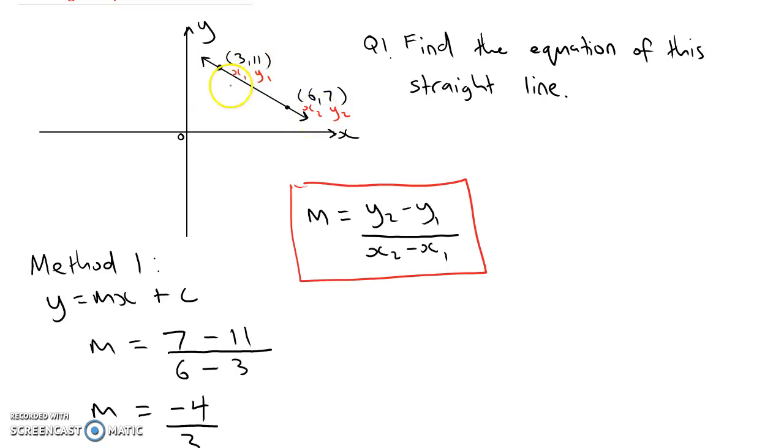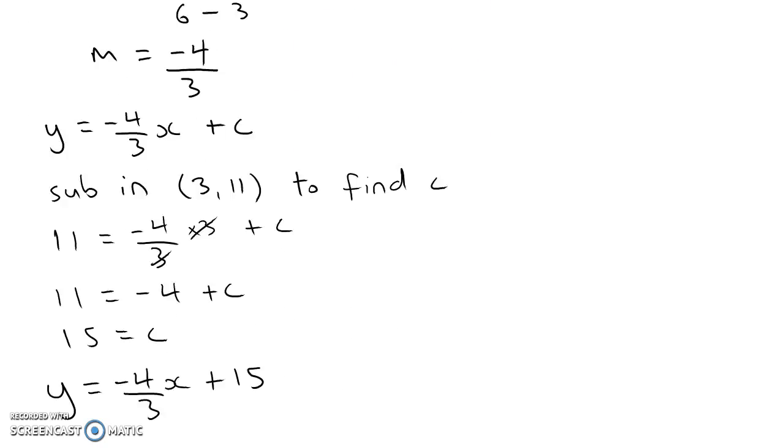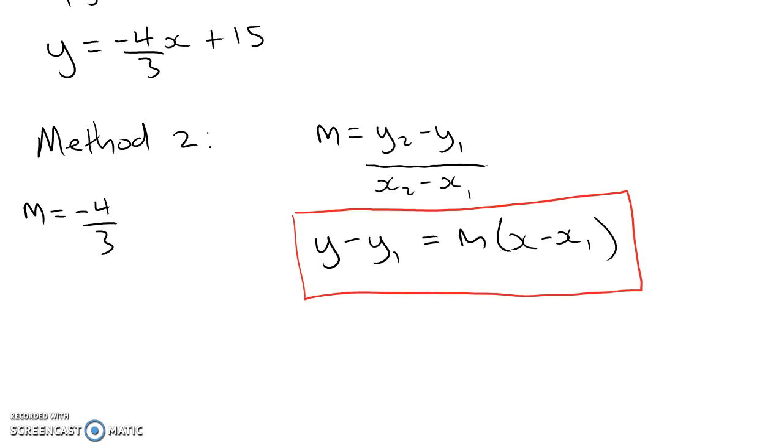Because I've labeled this coordinate here x1, y1, we'll use that coordinate. So our x1 is 3, our y1 is 11. So let's use (3, 11) as x1, y1.